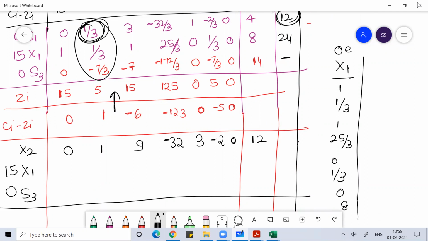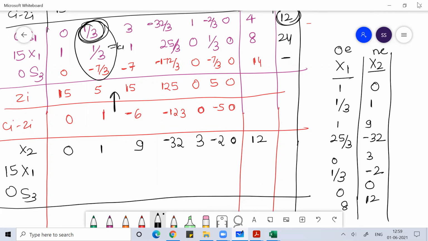Okay, and then the new values, this is k1, you can write 1 by 3. New element x2 is your new element. You can write this as 0, 1, 9, minus 32, 3, minus 2, 0, 12. Okay, and the constant is 1 by 3.